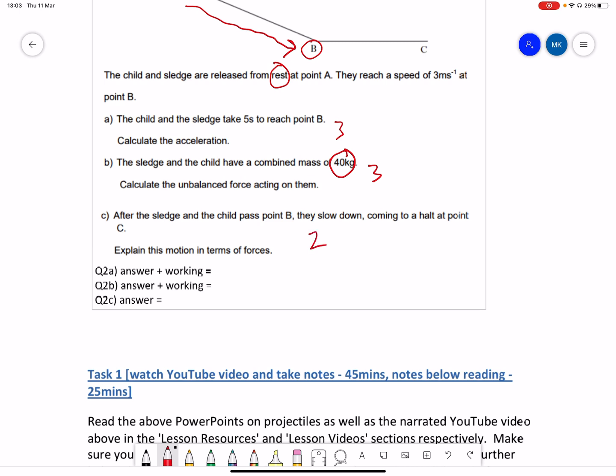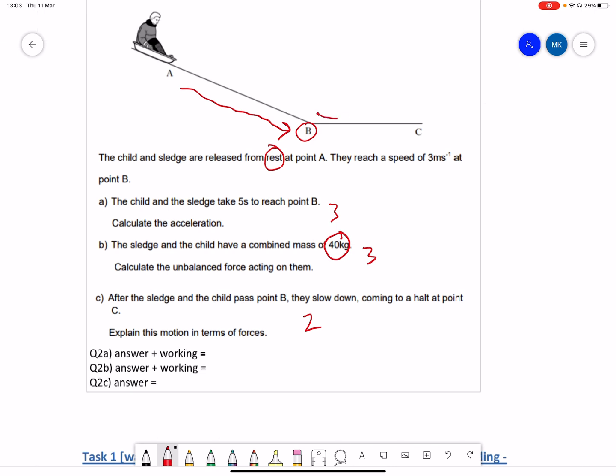After the sledge and the child pass point B, it starts to slow down, coming to a halt, completely at rest at point C. Explain this motion in terms of forces. So you need to describe the forces that are in play from when it passes point B till it gets to point C. Remember Newton's first law: something will stay at rest or at constant speed until an unbalanced force is acting on it.